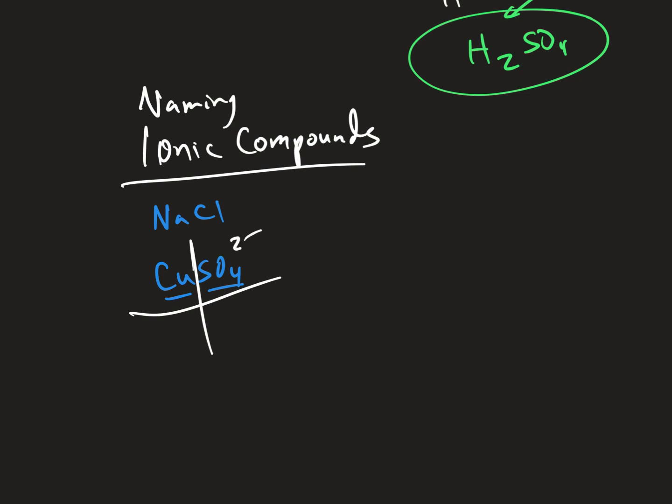We know sulfate is 2 minus. How many sulfates are there? Just one, because there's no parenthesis. So that's -2, and this has to be +2. So it's copper, Roman numeral 2, sulfate. Are we good?